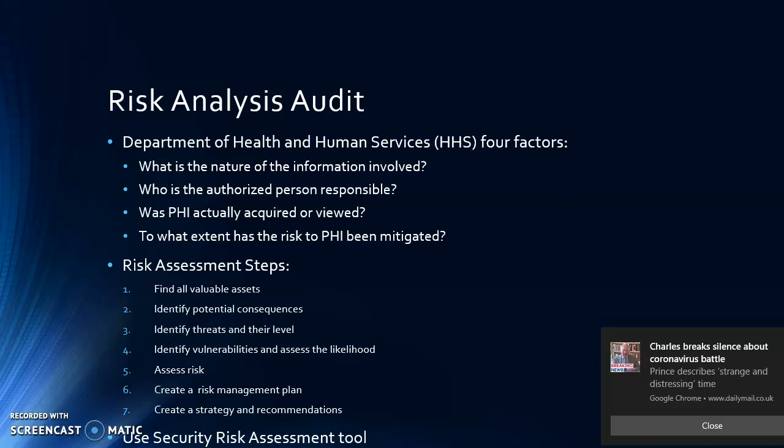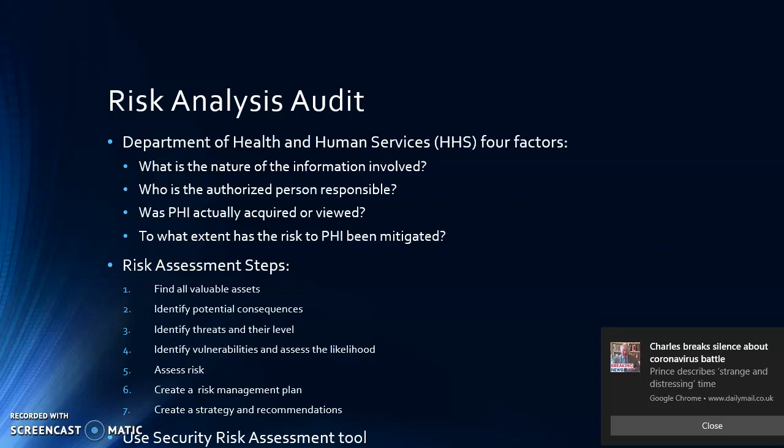Step 4, identify vulnerabilities and assess the likelihood. This is when you assess current security measures, and you're going to look at the physical, technical, and administrative safeguards that I mentioned before. Then you'll determine the likelihood of threats given the current measures for these three main points, and whether the current measures will be good enough to prevent a breach.